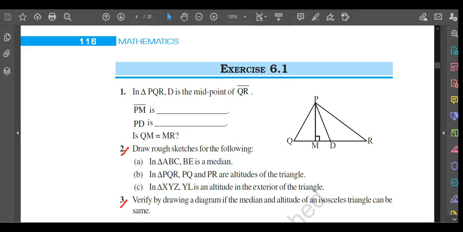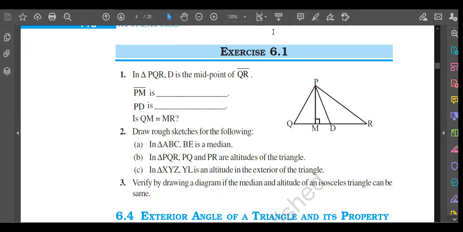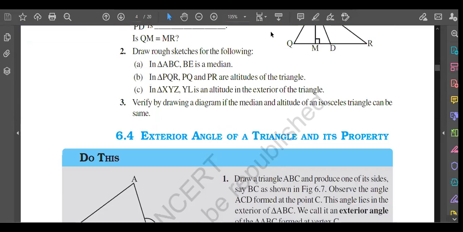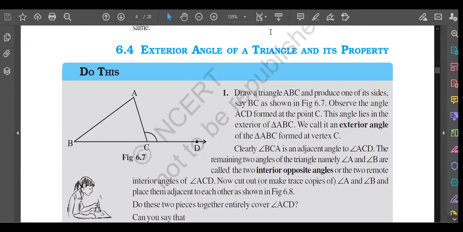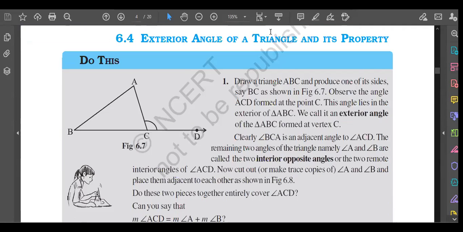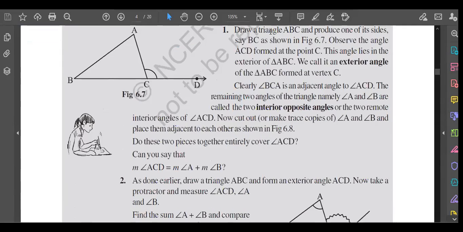Okay, so next topic. I hope all of you understood the different types of triangles, depending on sides, depending on angles, and what is your altitude, median and perpendicular angle bisector. Now, this we have already studied.